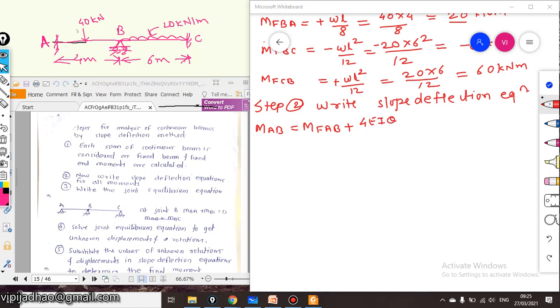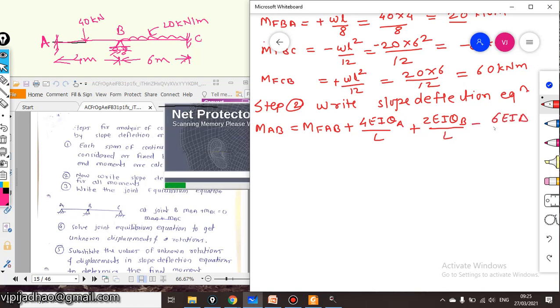For this span AB, theta near end will be theta A, divided by L, plus twice EI theta B divided by L. Theta here will be for the far end. Minus 6EI delta upon L square. Here you can see in the problem no settlement is given, so this particular term of 6EI delta upon L square will be 0.